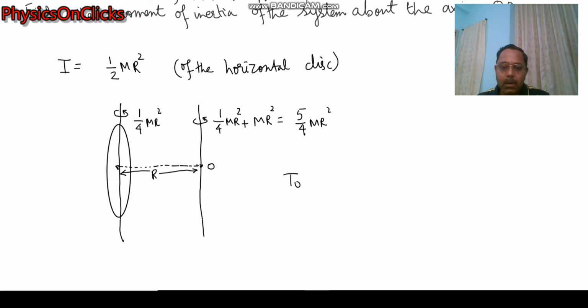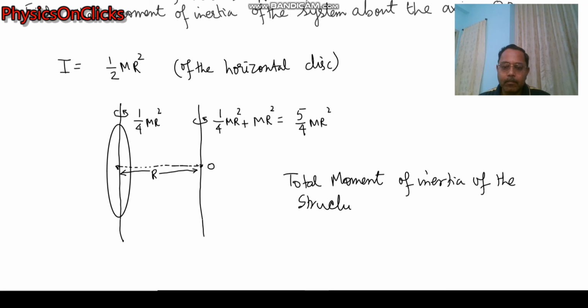Now, the total moment of inertia of the structure about the axis O dash will be equal to the sum of the three.